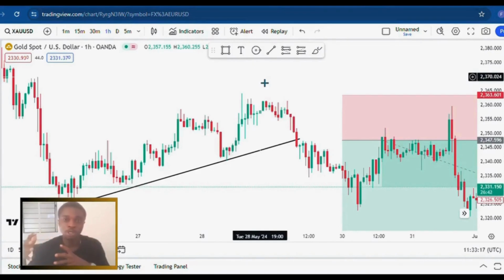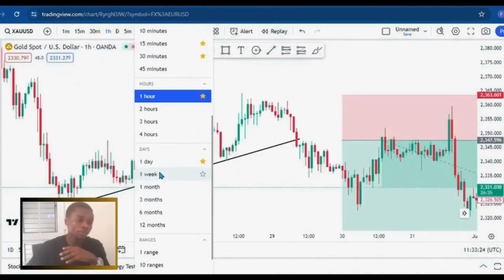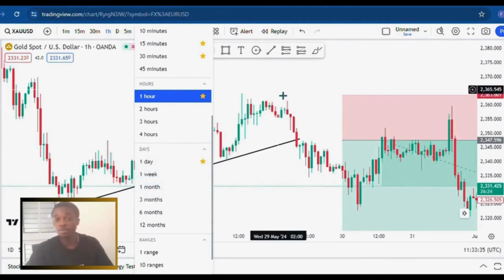Like I said, as a swing trader, you should be using from the day 1 time frame, just like this. You can use from the day 1, week 1, month 1, just like that. So these are the time frames you should be using as a swing trader.